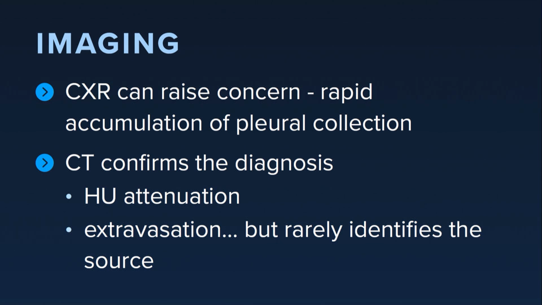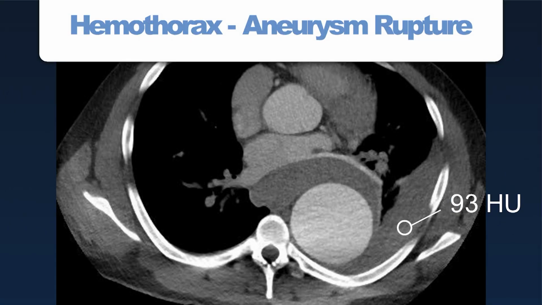Even if you see blushes of contrast, it can be suggestive of where the bleed may be arising, but sometimes they'll have to go to conventional angiography to identify the bleed and be treated with embolization techniques, or in some instances, back to the operating room for definitive treatment.